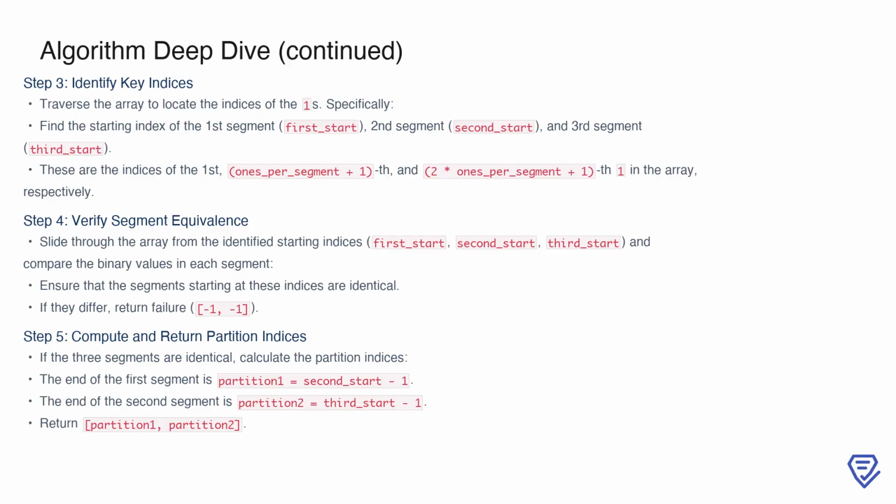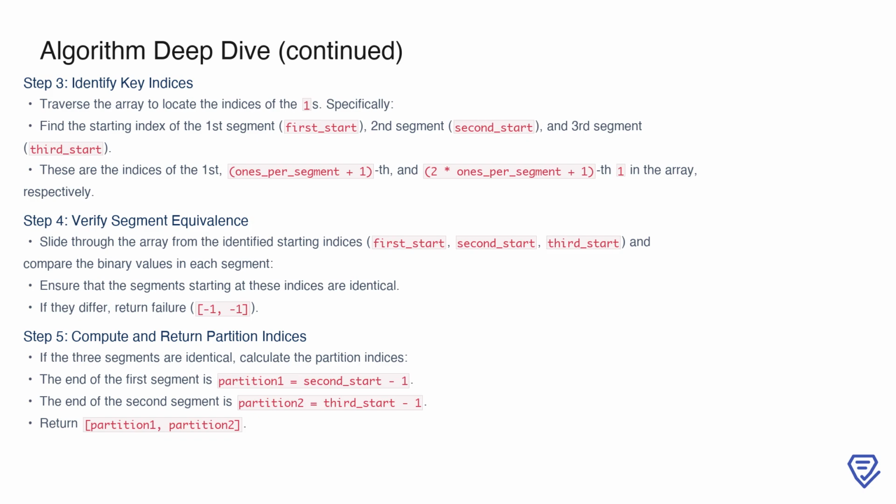Specifically, we determine the index of the first one in the first segment, the ones_per_segment plus 1th one for the second segment, and the 2*ones_per_segment plus 1th one for the third segment. These indices are referred to as first_start, second_start, and third_start.